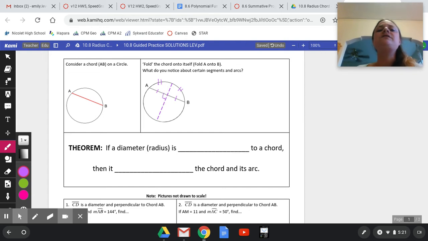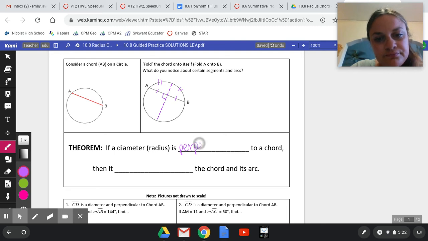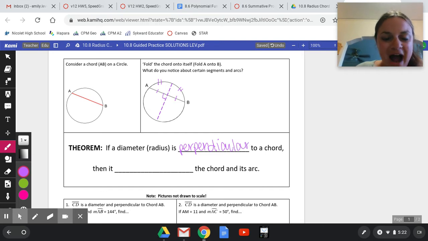So this gives us a theorem. The theorem is if a diameter or radius is perpendicular to a chord, then it bisects the chord and its arc.